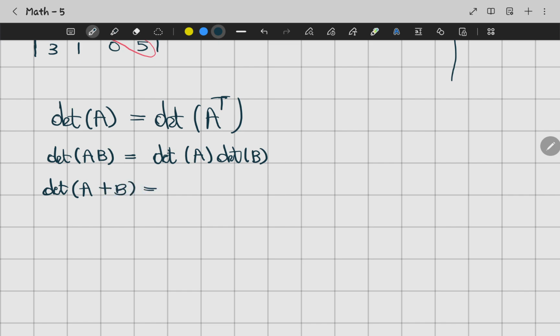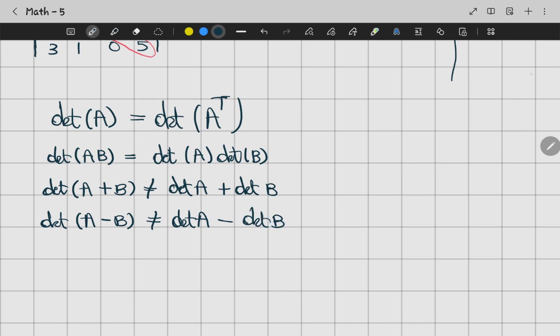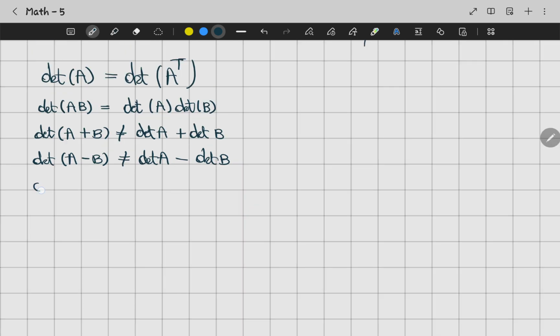The determinant of A plus B is not equal to the determinant of A plus the determinant of B. The same goes for A minus B. It's not equal to the determinant of A minus the determinant of B. Okay, and then let's see this formula.